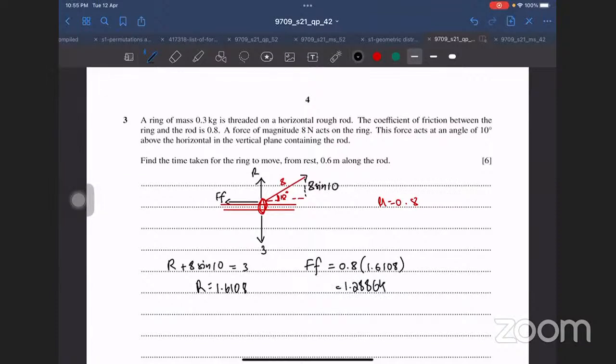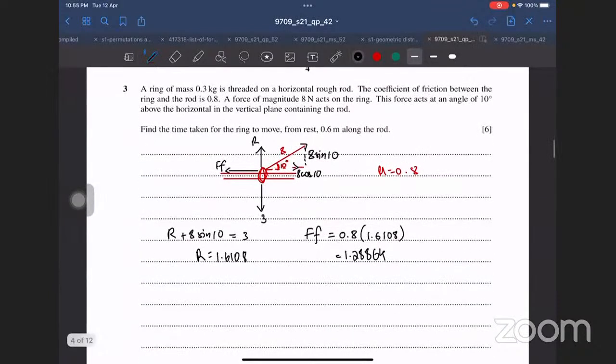Find the time taken for the ring to move from rest. So I have the frictional force and I have the pulling force, which is 8 cos 10. So what I can do is find the acceleration using F equals ma.